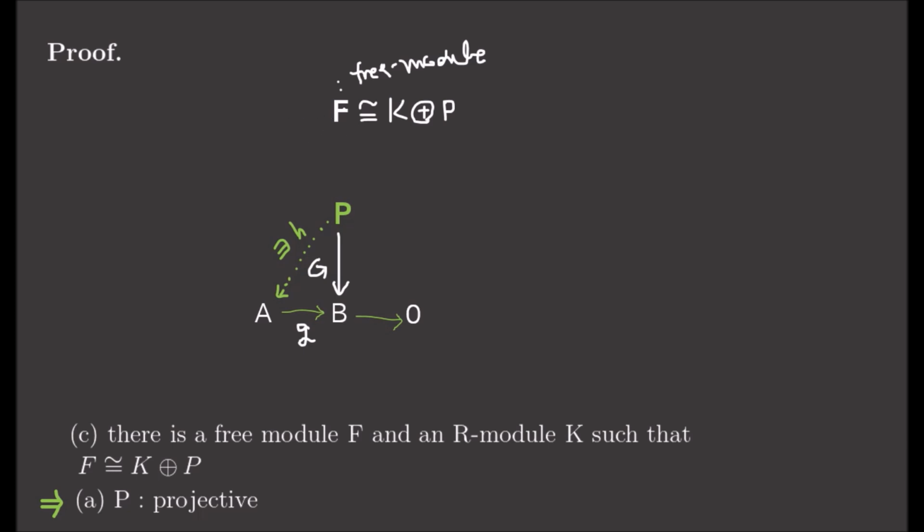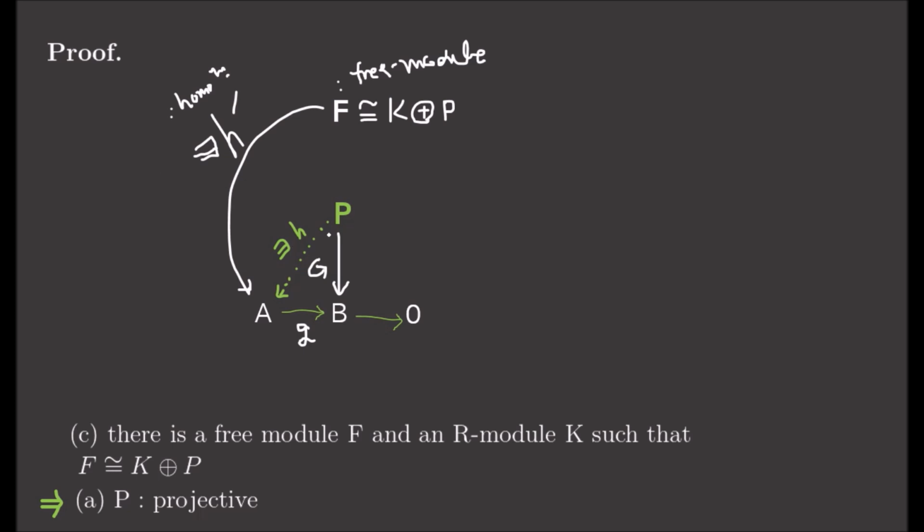So anyway, any free module is given, we can construct a homomorphism H prime such that the commutative relation holds from F and this bottom exact sequence. Okay, then this is a good hint.